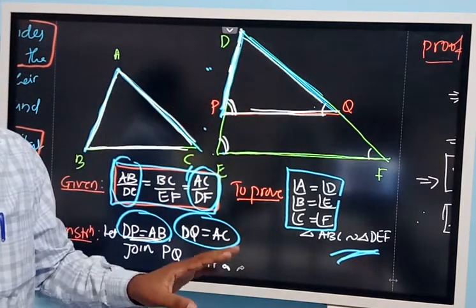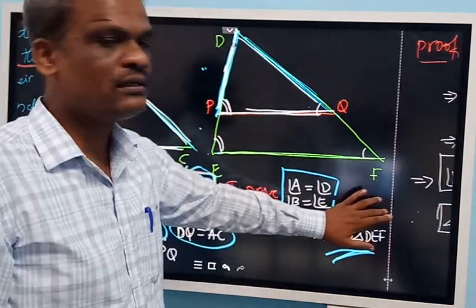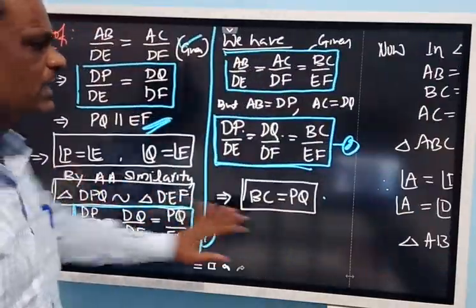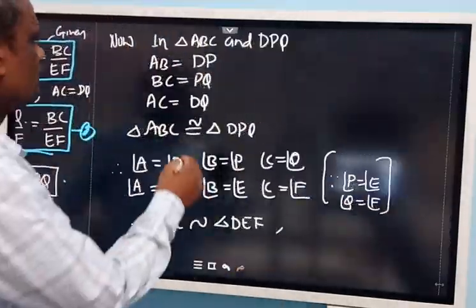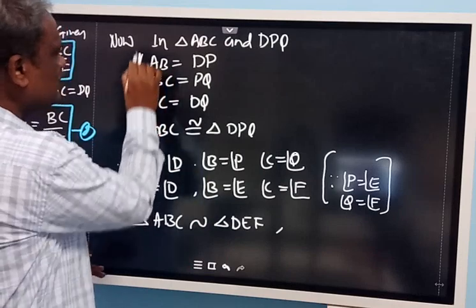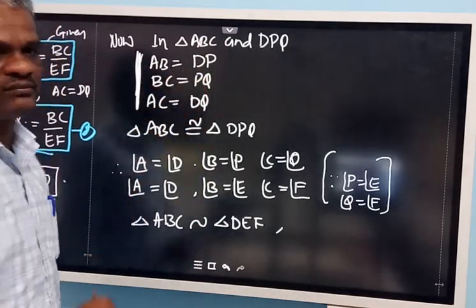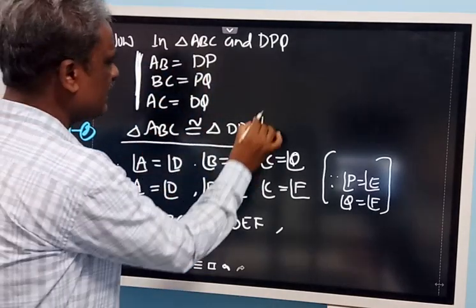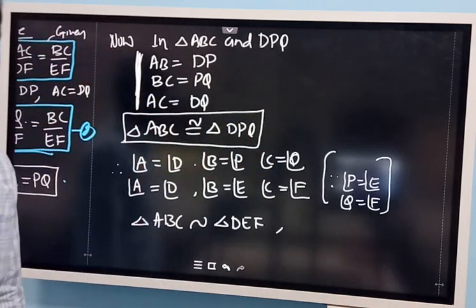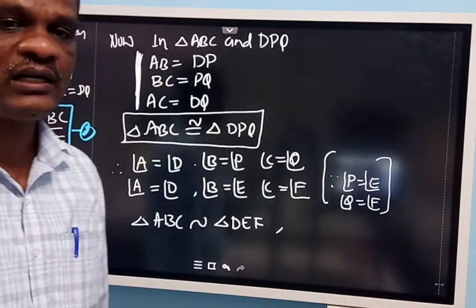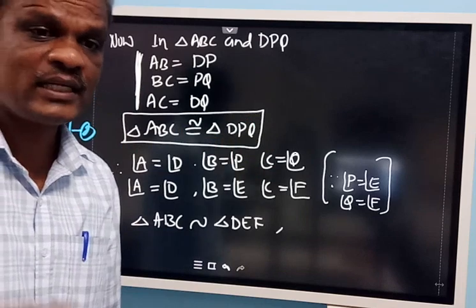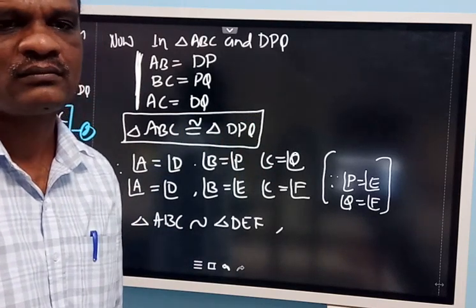Sides are all equal means I can write they are congruent. All the three sides of the first triangle are equal to three sides of another triangle. Therefore, the two triangles are congruent. Since sides are equal, I can write congruent. Sides are proportional means I can write similar.